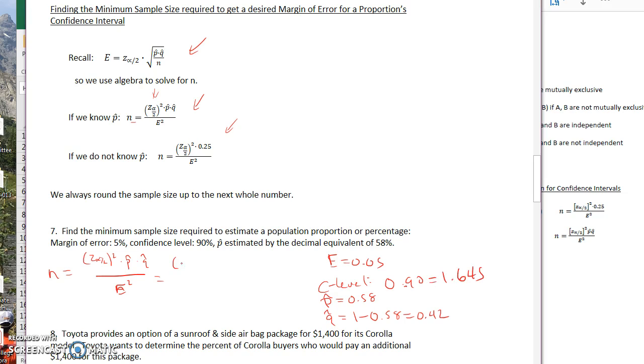So it's going to be 1.645 squared times p hat, which is 0.58, times q hat, which is 0.42, divided by our error, which is 0.05, and then make sure you square that. The biggest mistake I see students make is they forget to square these values.